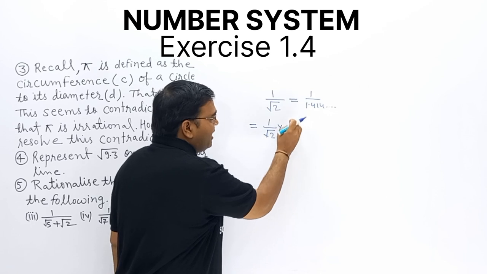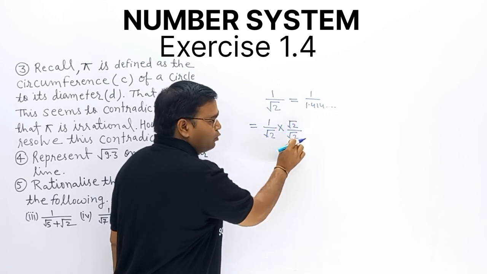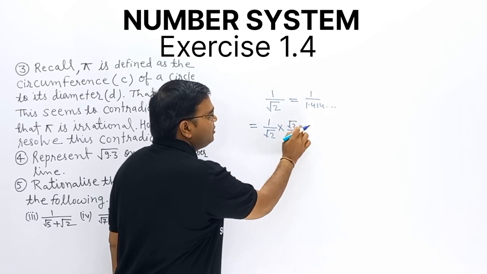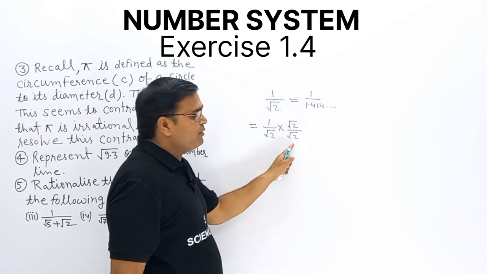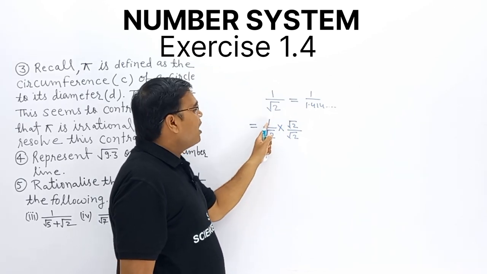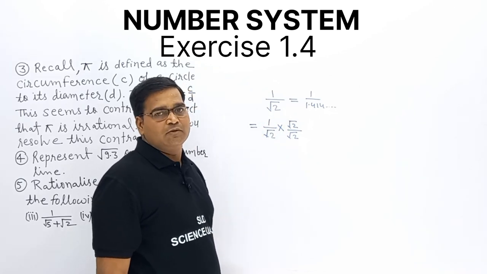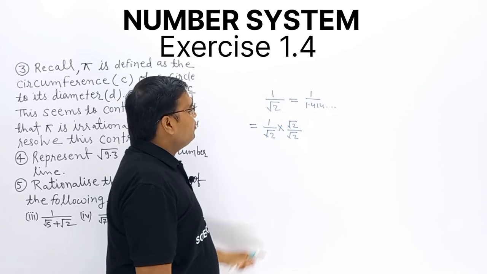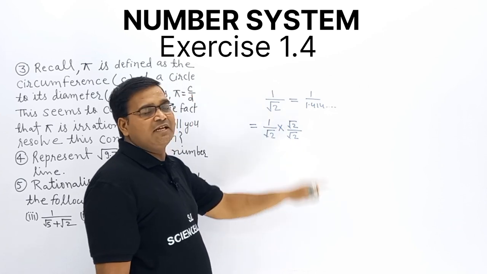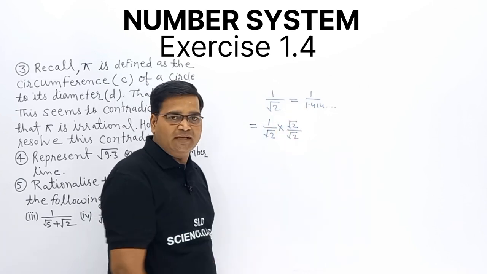If we multiply and divide 1 by root 2 by root 2 upon root 2, this is 1 after solving, so the original number is unchanged and we can do this. But we want to remove this radical sign, so we are doing this.